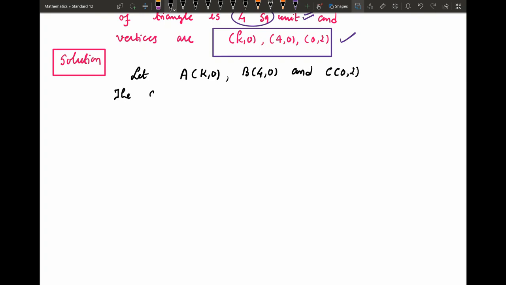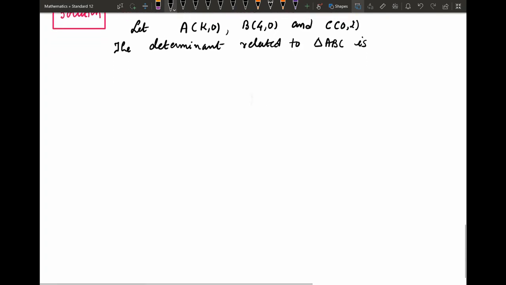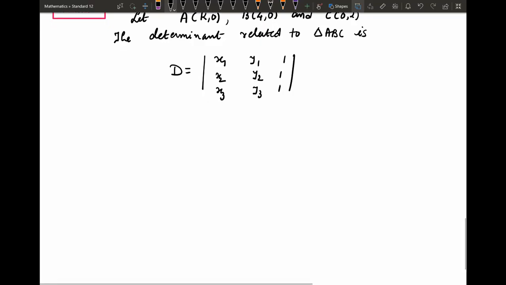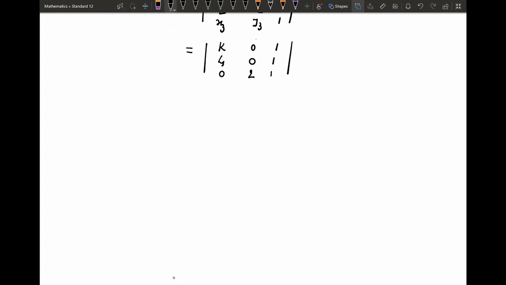The determinant related to triangle ABC is D equal to, according to x1 y1 1, the coordinates of A we will consider as x1 y1, then x2 y2 1, the coordinates of B we will consider x2 y2, then x3 y3 1, the coordinates of C we will consider x3 y3. So k 0 1, 4 0 1, 0 2 1.